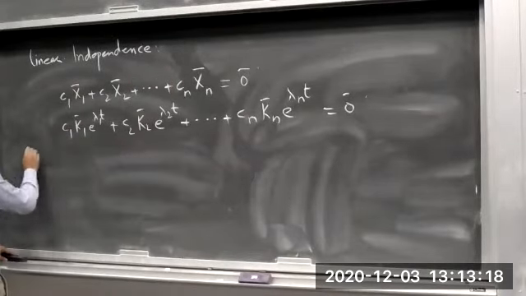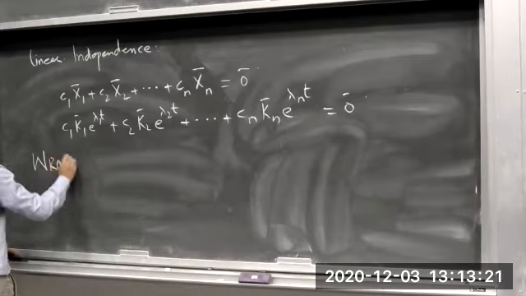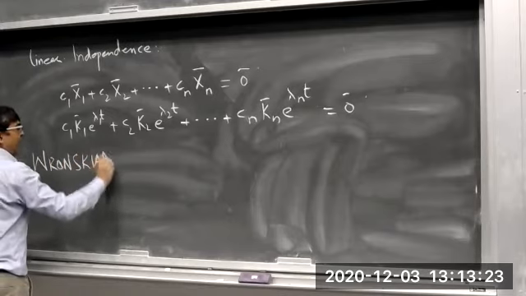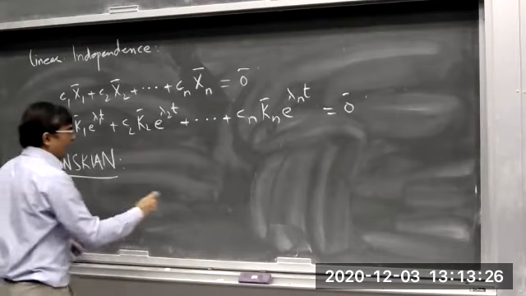For that we find the Wronskian, and the Wronskian in this case would be what?